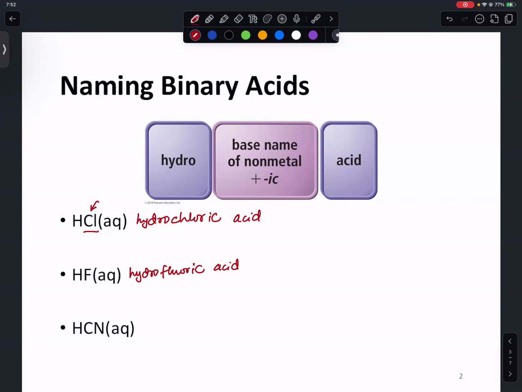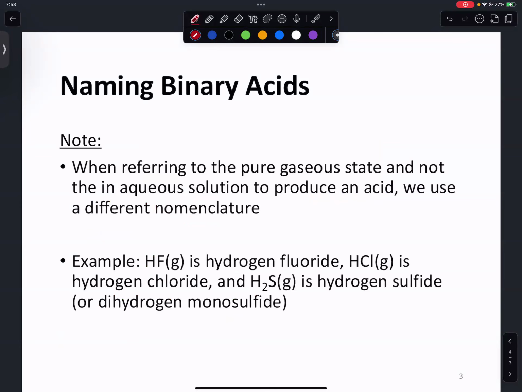The last one, try to pause the video and work on this on your own, is going to be hydrocyanic acid. Very simple.